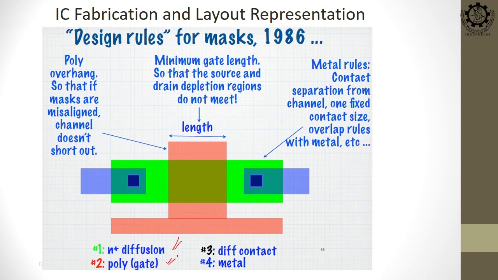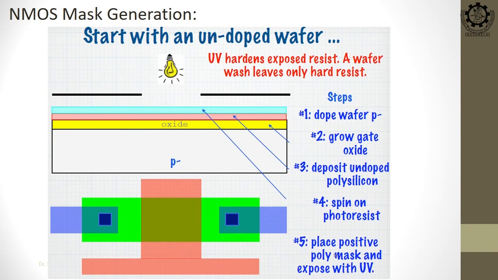So, this is poly. This blue color is metal and this box is metal contact, diffusion contact. Okay, so let us stop today and we will continue on this.